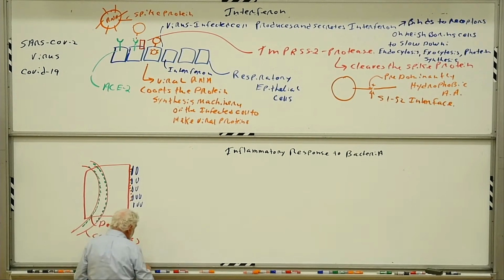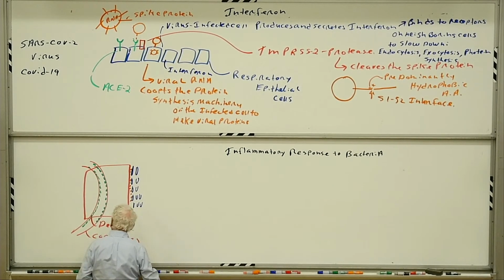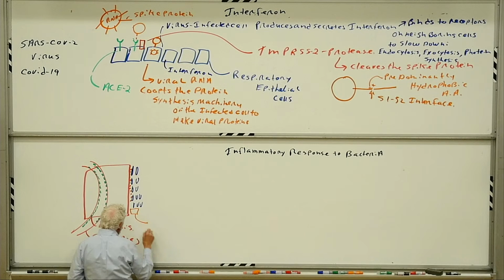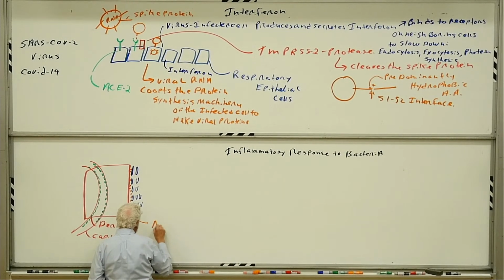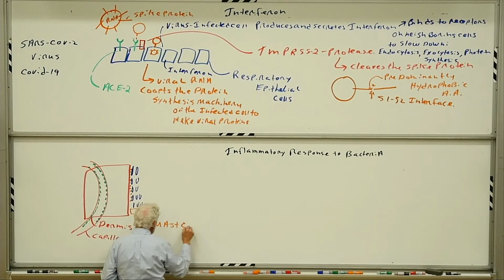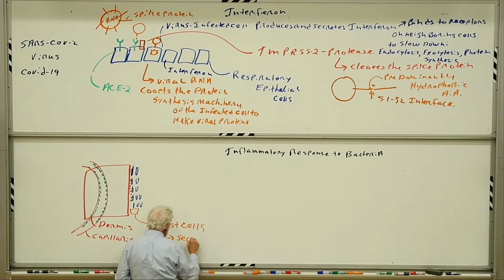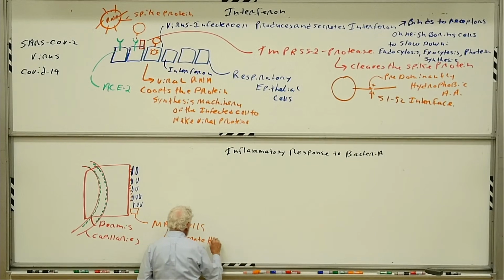Then out here, at the interface between the epithelium and the dermis, are going to be another set of cells called mast cells. And the function of the mast cell is to secrete histamine.